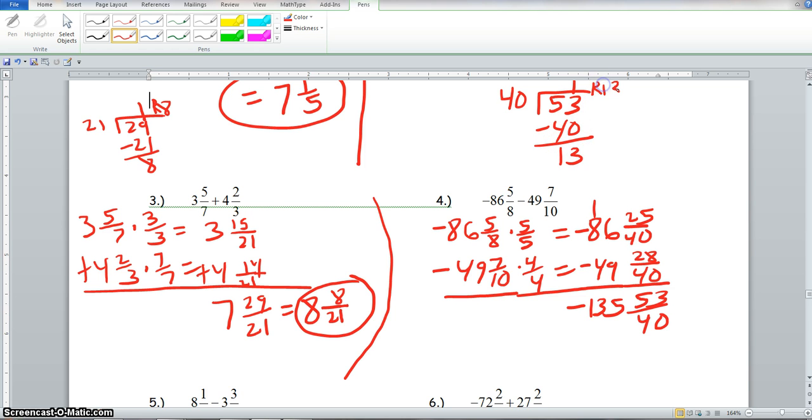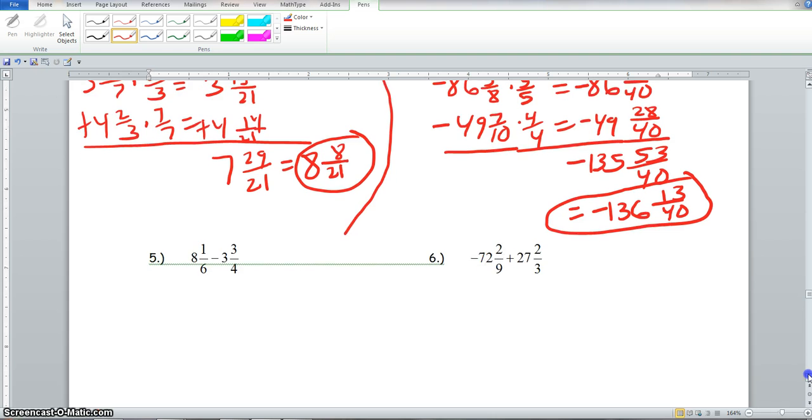So you have a remainder of 13. So now we'll add 1 to this negative 135. That'll give us a negative 136. Our denominator will remain 40 and our numerator will be 13. So this is our final answer.